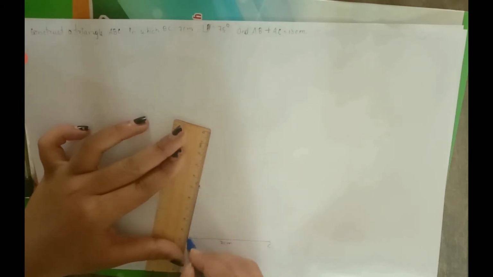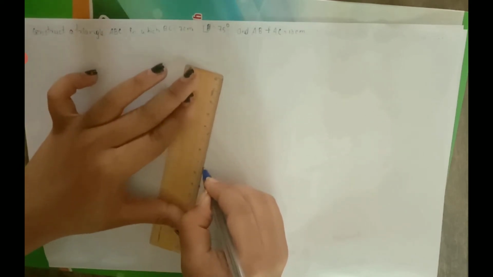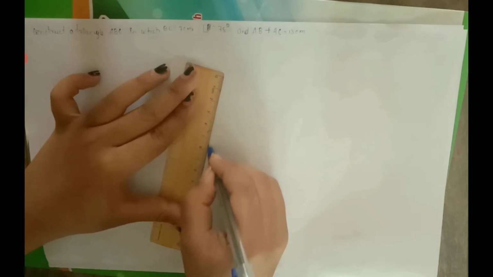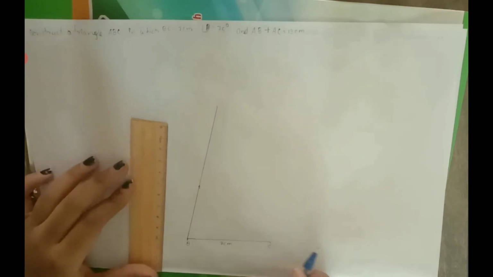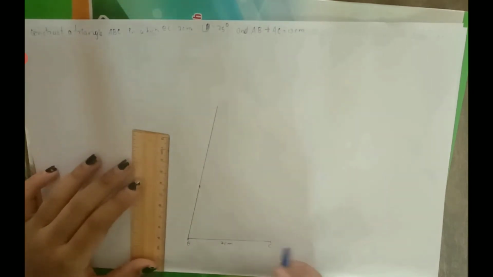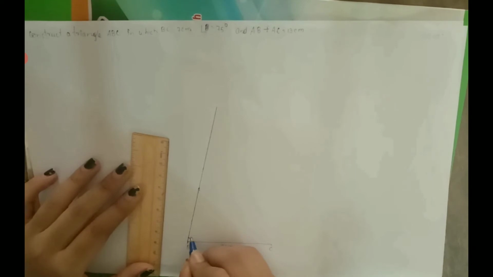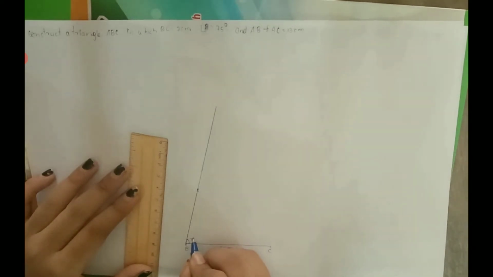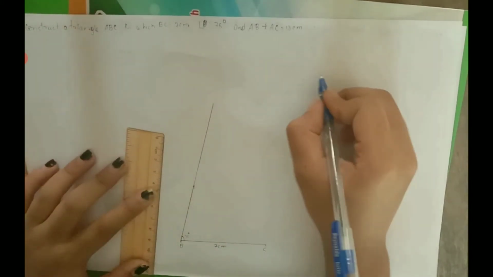You got angle B equal to 75 degrees, because the base angle is 75 degrees.